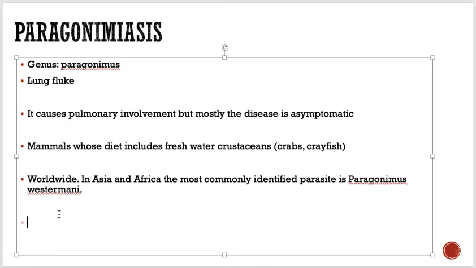Okay, so in Africa it is called Paragonimus bilateralis. So simply, you don't have to remember all these things, because it depends from region to region, since more than 50 species have been identified. So what we will discuss is this one, westermani, right?